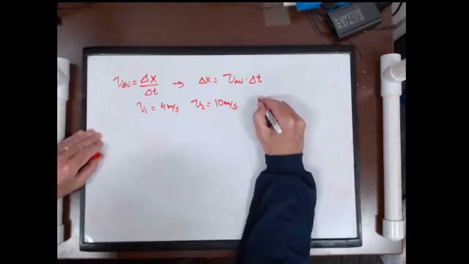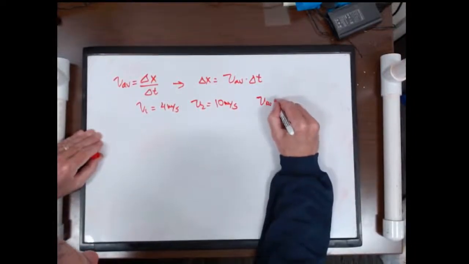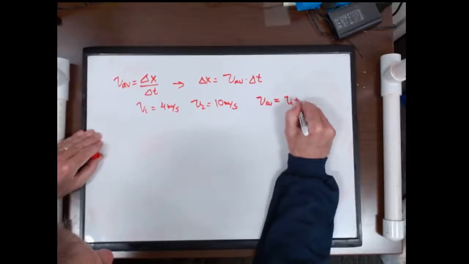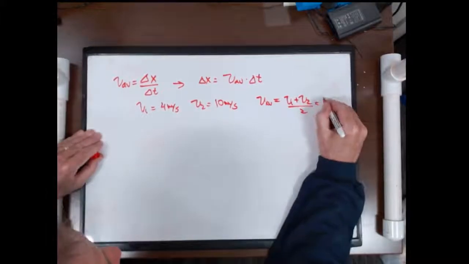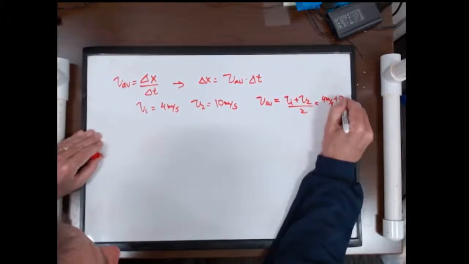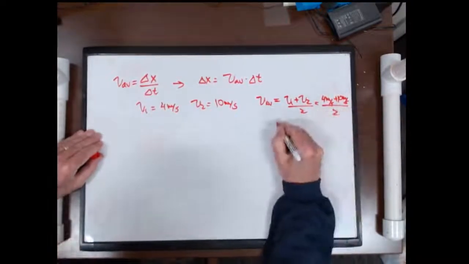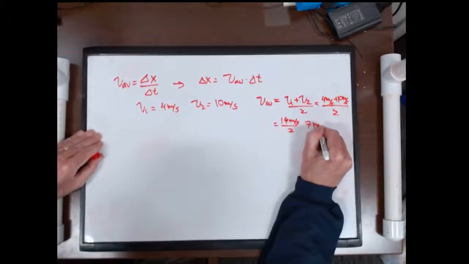And so V average, based on our other definition of average velocity, is V1 plus V2 divided by 2. In this case, that's 4 meters per second plus 10 meters per second divided by 2, which is 14 meters per second over 2, which is 7 meters per second.